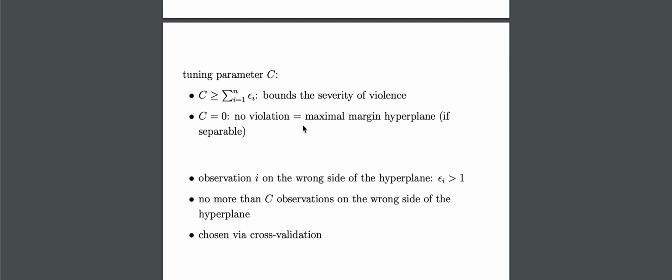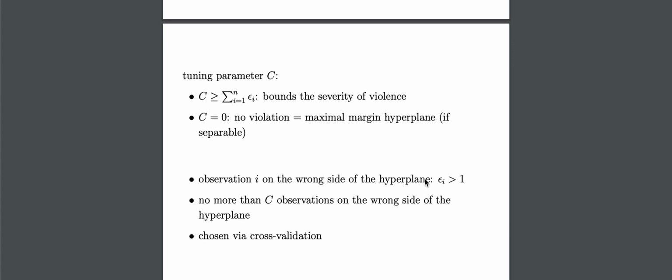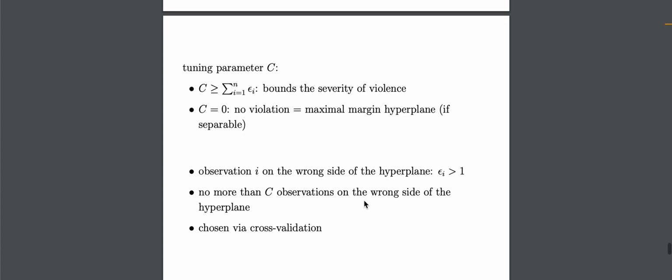In other words, small C means a tendency to fit the data well, and that can lead to overfitting, large variance, small bias. As we increase C, we are allowing more observations on the wrong side of the hyperplane.